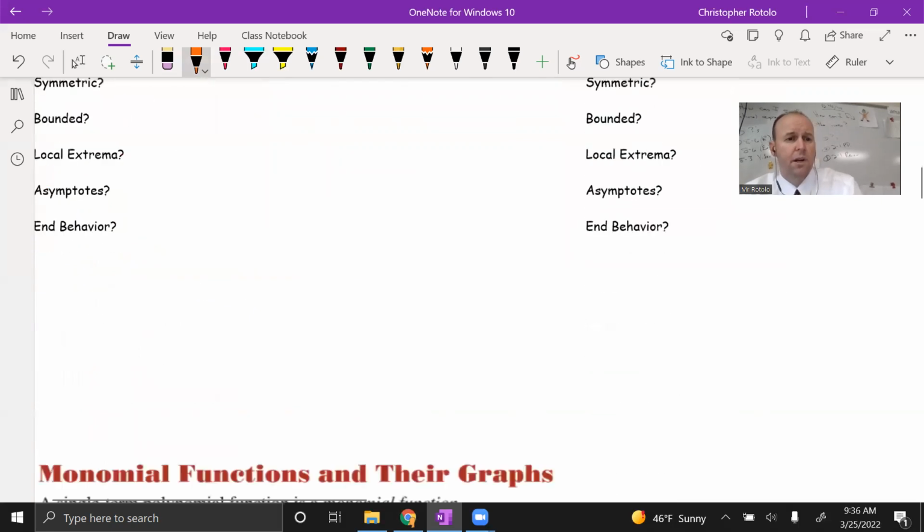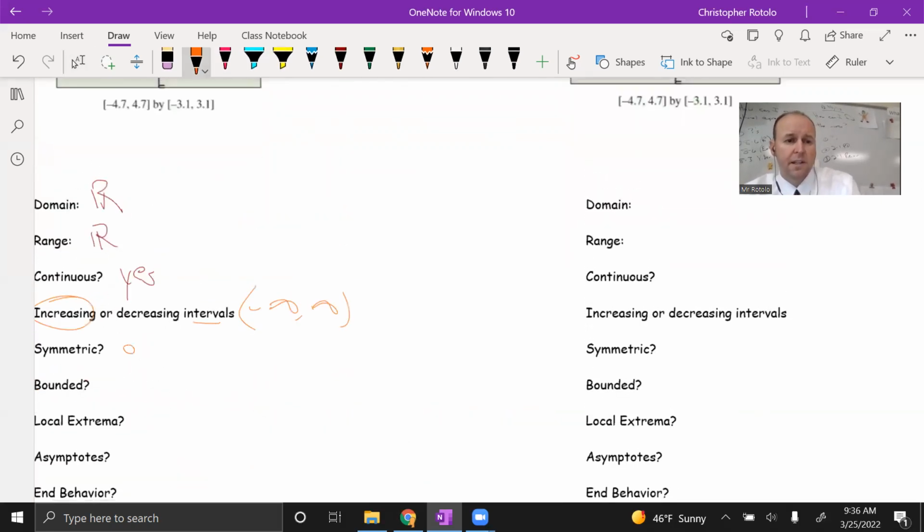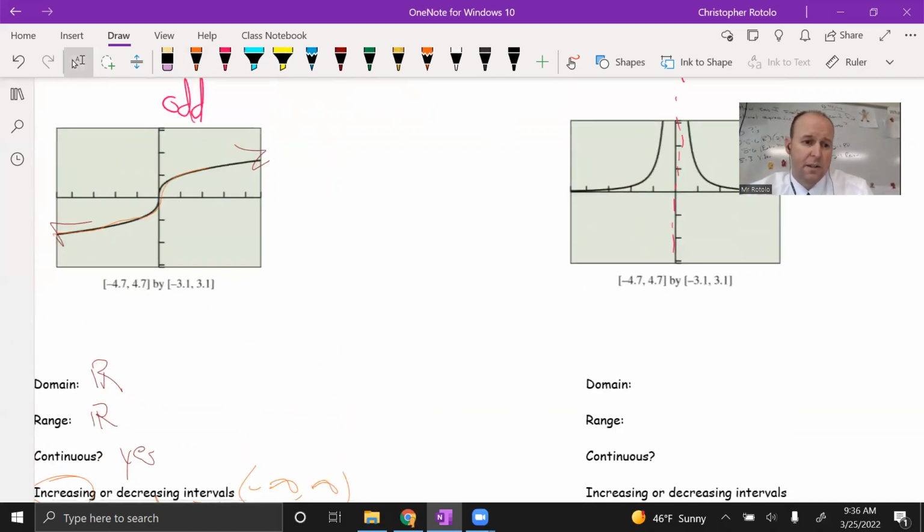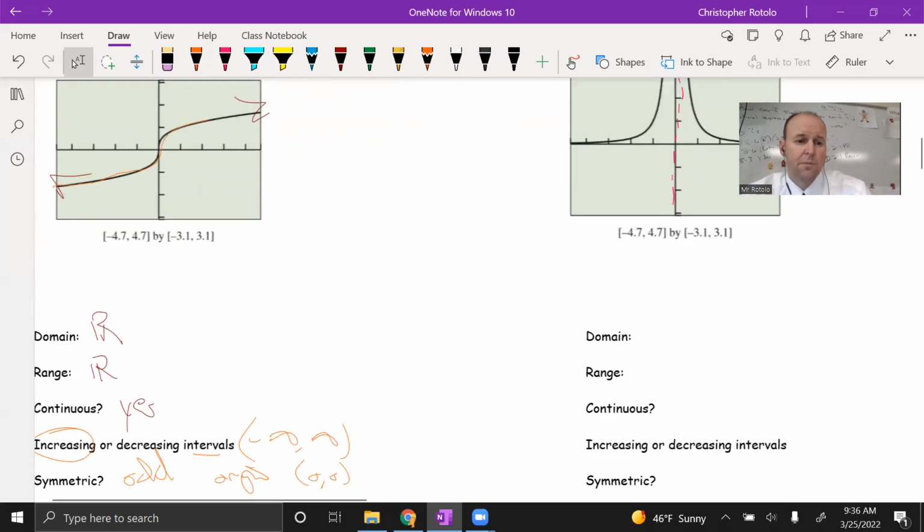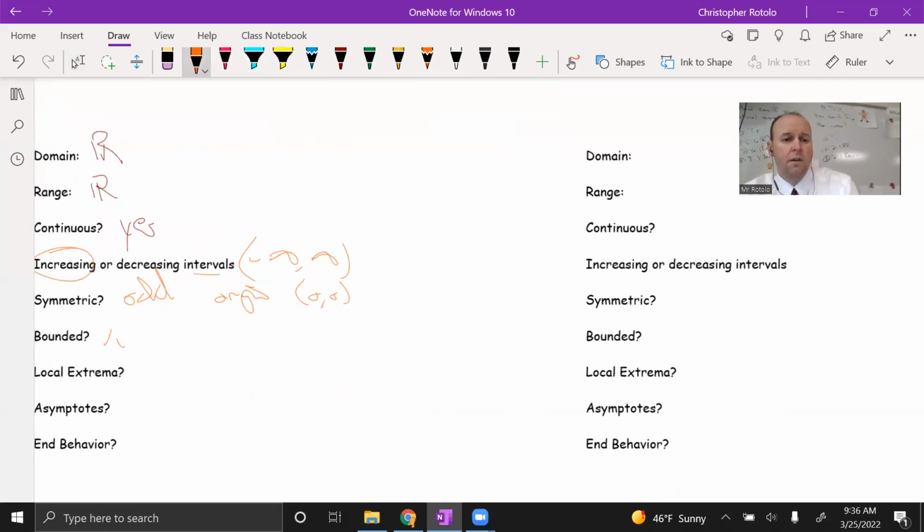So I guess here's where we could have said that it's odd, which means it is symmetric based on the origin, or 0, 0. Is it bounded? Well, if we said the range is going to be all real numbers, then we're going to have to say no. All right, definitely not, because it will continue up and down. It looks like it's going to go a little bit slower as we deal with that.